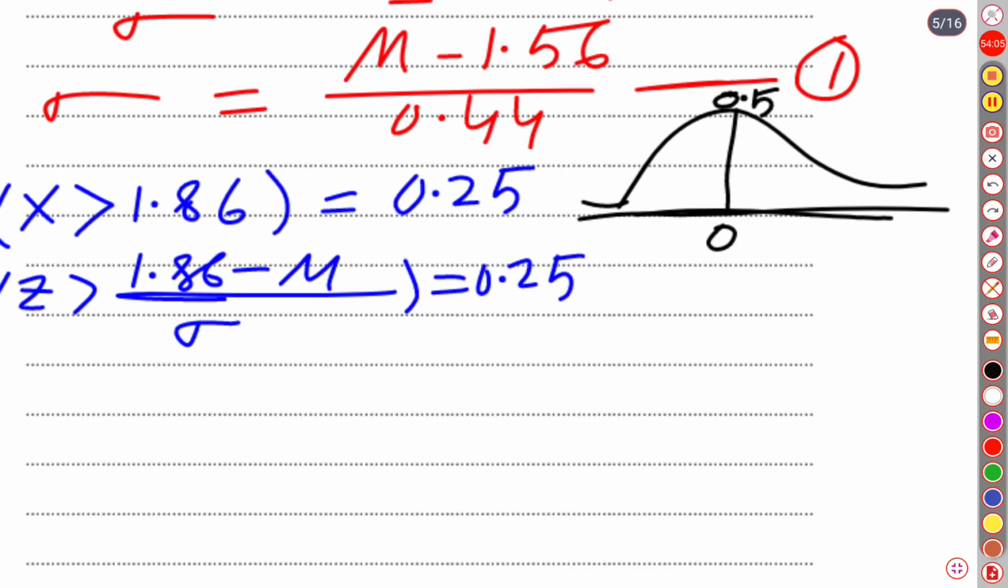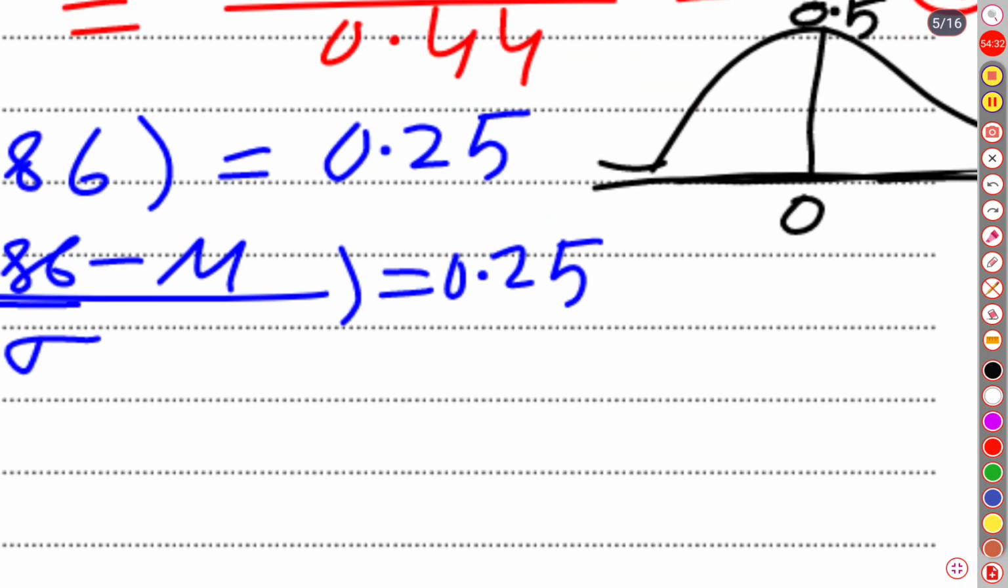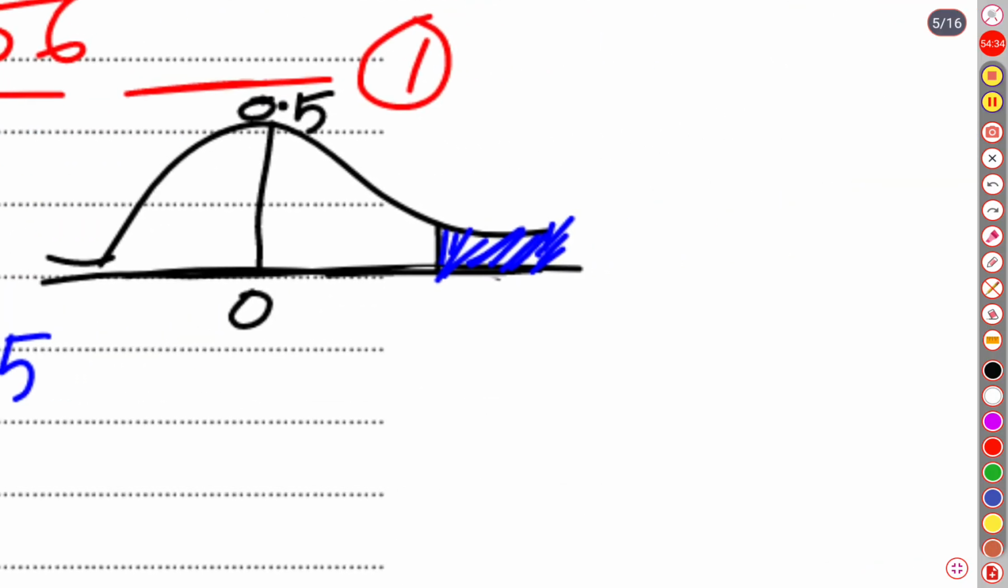That means probability 0.25 must be over here, isn't it? And our probability is 0.25, so it's very tiny. This portion may be our probability, because they have told the right side of the z score. Look, they told z is greater than, so here our z score is over here. Let me write 1.86 minus mu over standard deviation, and it must be positive.